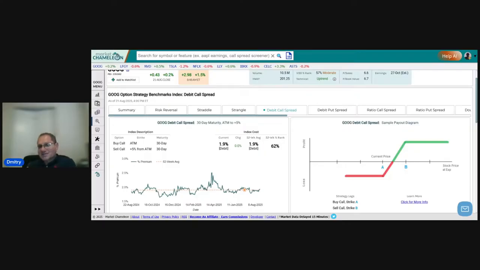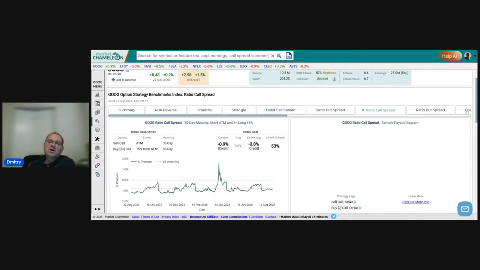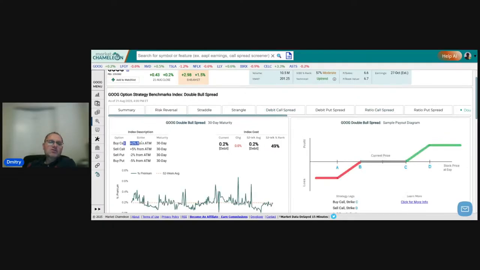But if we wanted to create strategies, like ratio call spreads, or a four-leg strategy where you're buying and selling different options, now we have a way to quickly reference the cost of that strategy relative to its stock price, track it over time, and compare it to other assets, other securities, that have different prices.